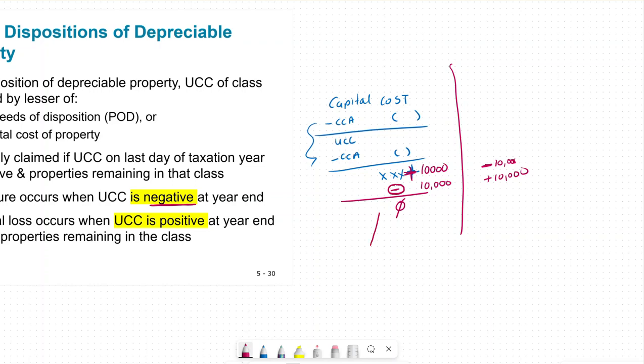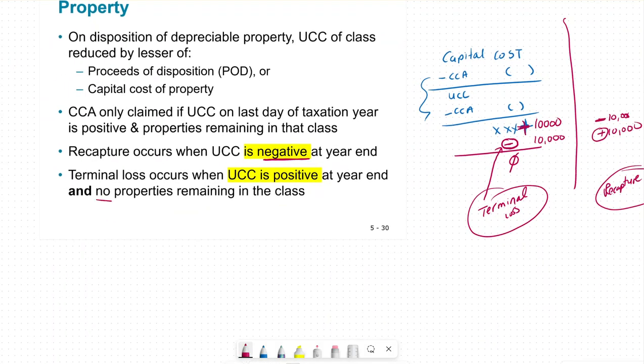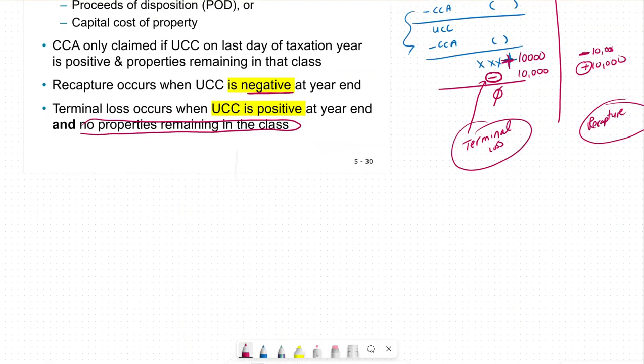If you have to subtract it, we call it a terminal loss. If your UCC is negative and you have to add it, we call it recapture. Recapture and terminal loss only happen if it's the last asset in the pool, with no property remaining in this class.